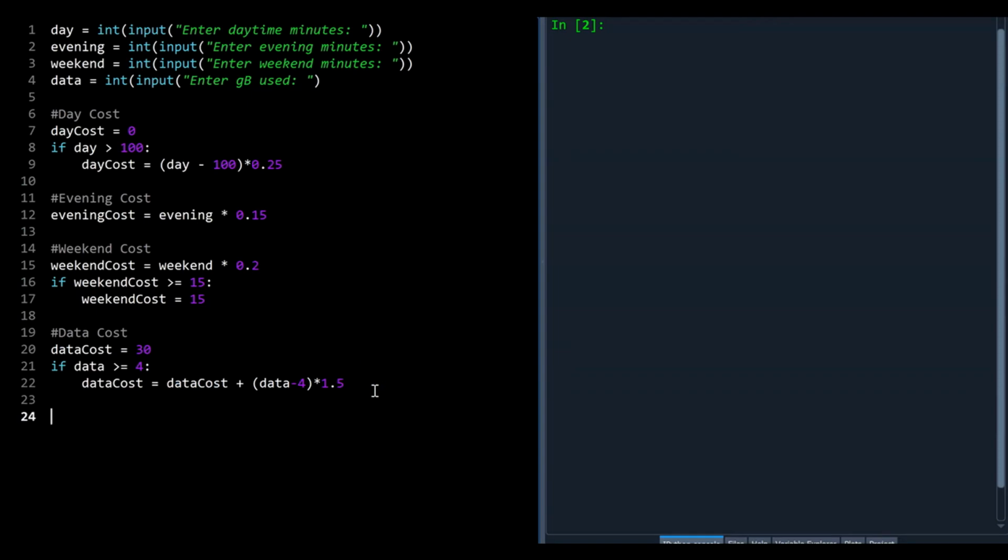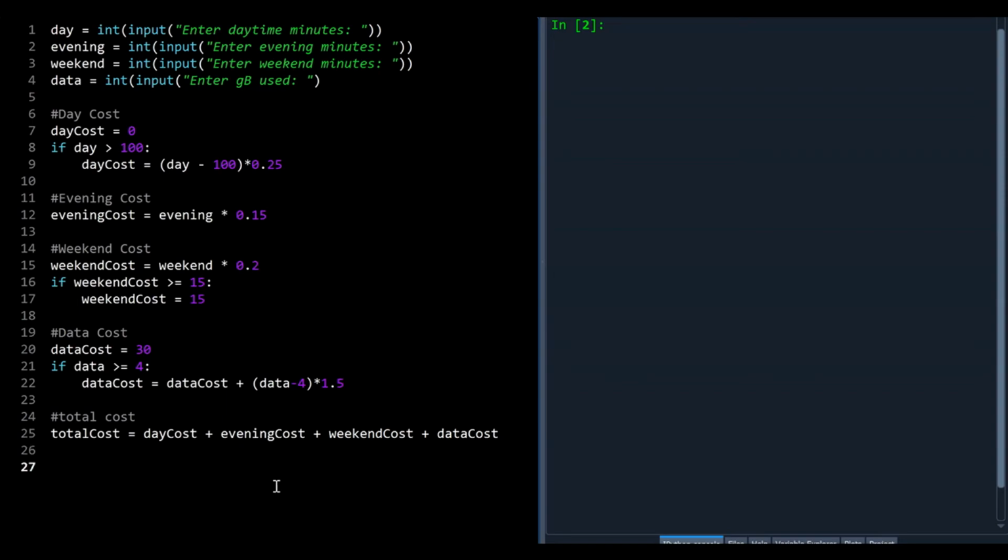All right, so now I've got all 4 of those costs. I can just add them all up. So total cost would be day cost plus evening cost plus weekend cost plus data cost.